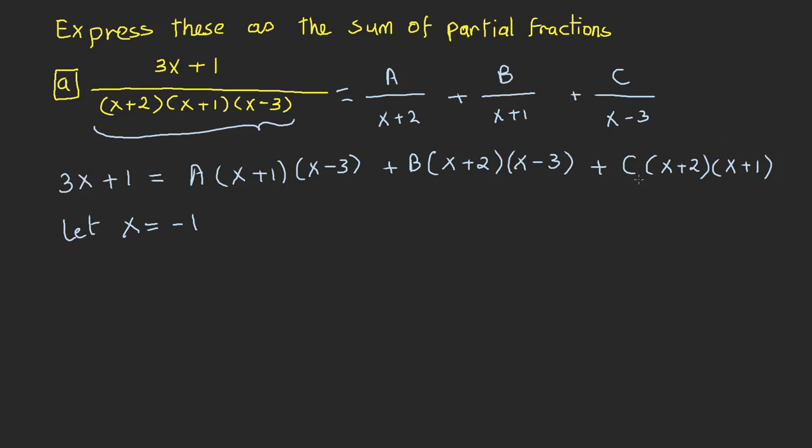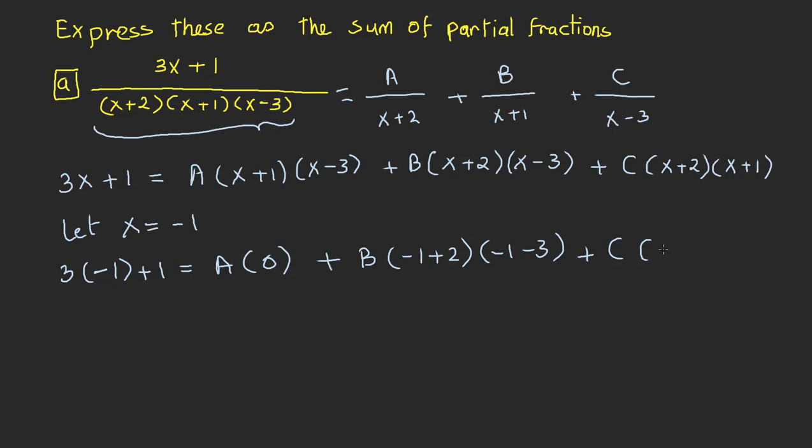So we put 3 times minus 1 plus 1 equals b times minus 1 plus 2 times minus 1 minus 3, and the a and c terms will be 0.